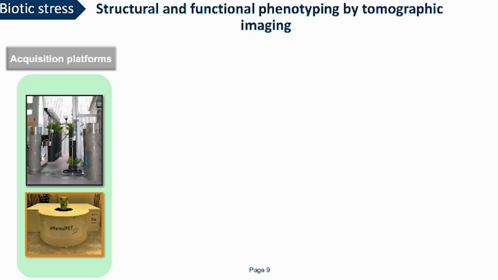And for that matter, we employed the plant dedicated vertically oriented magnetic resonance imaging platform to acquire root phenotypic data structurally. And for functional carbon allocation dynamics, we employed tracer transport technology and positron emission tomography to monitor the pathway of recently fixed photoassimilates. So what we do here is that we label the whole shoot of the sugar beet with 11C, the radioactive carbon isotope, in the form of 11CO2.